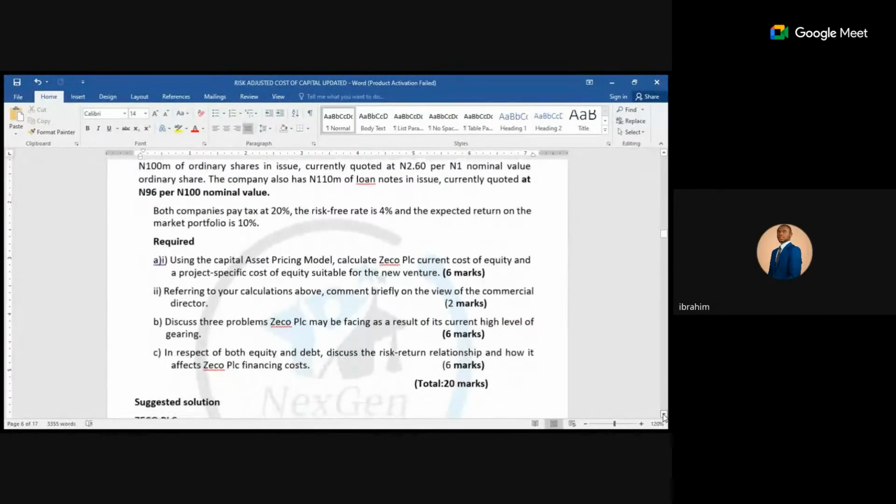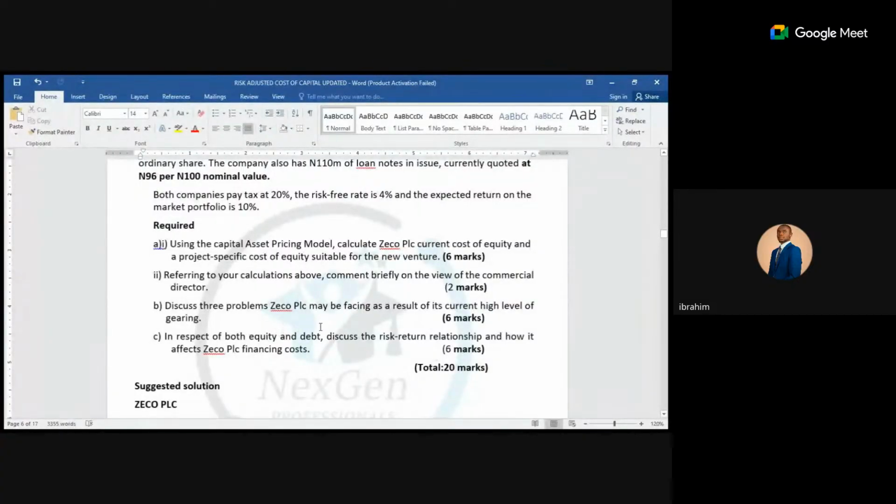Discuss 3 problems Zeco PLC may be facing as a result of the current high level of gearing. Like I usually say, you don't need to cram SFM. You just need to understand it.